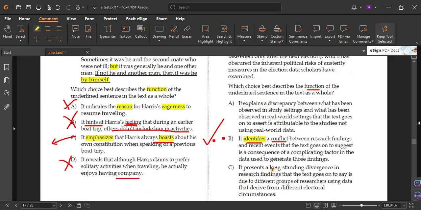But it does not present a long-standing divergence. What is the divergence here in the research findings? The underline does not explain the research findings or any divergence. Do you see? That's why. And of course, we don't have any difference between them. That is right.